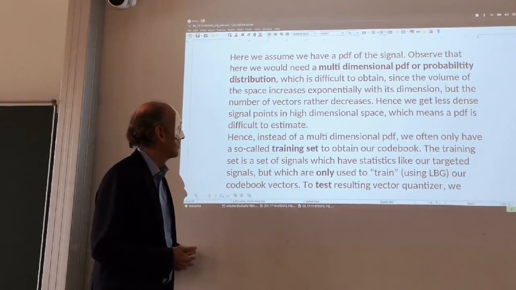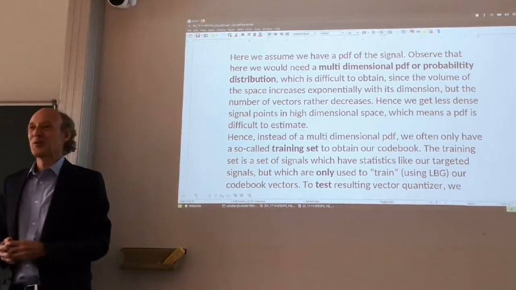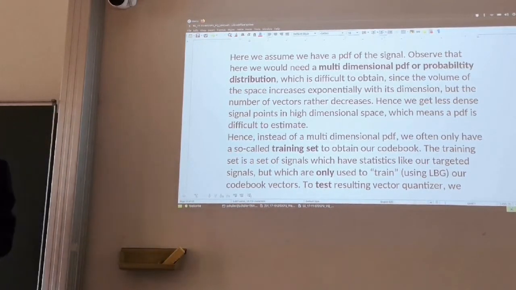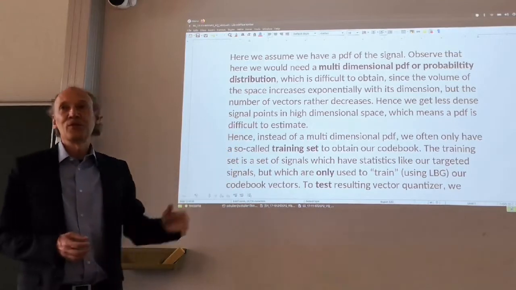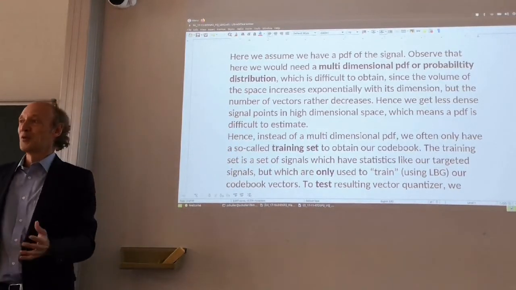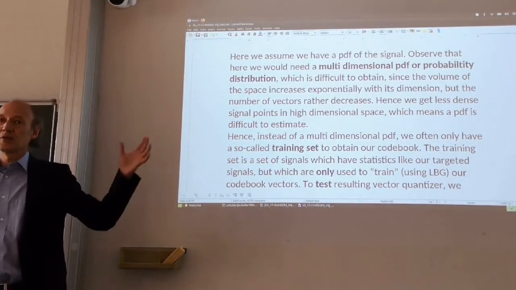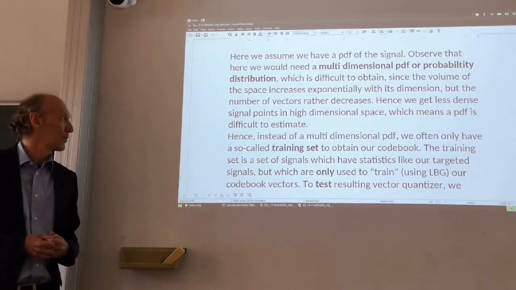But in a way it also trains the code book. In this sense, it has similarity with neural networks. Neural networks adapt to a training set, and here the code book adapts to the training set.